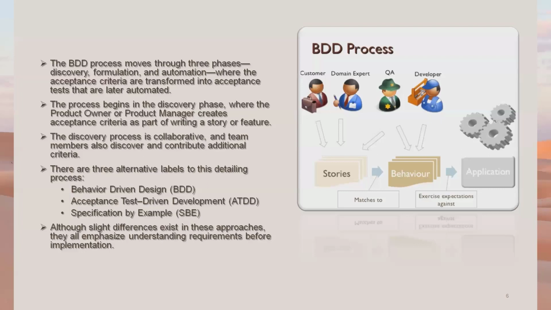Although slight differences exist in the three approaches, they all emphasize understanding requirements before implementation. Whatever stories are drafted will become a behavior, and further this will become an application in small instances. If the requirement matches the client requirement, this will move forward as part of exercising expectations against applications.